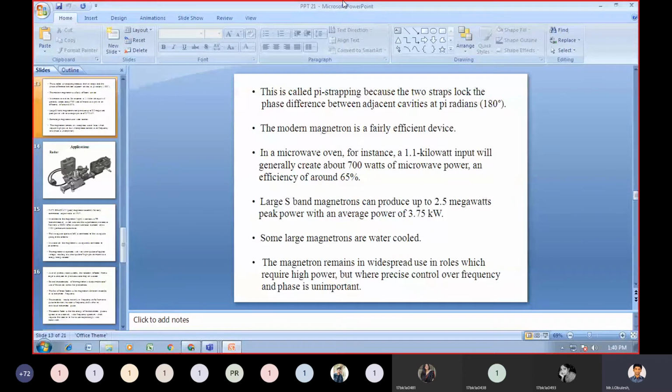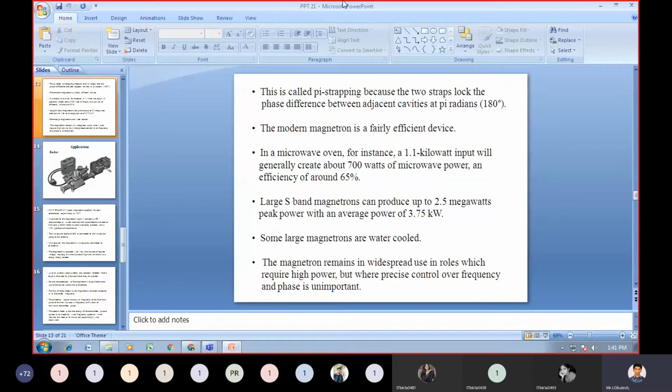This is called pi-strapping, because the two straps lock the phase difference between adjacent cavities at pi radians.